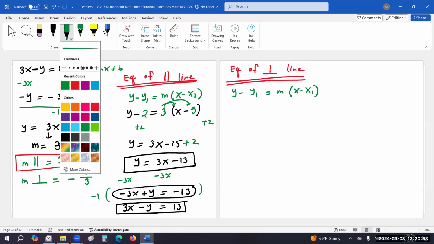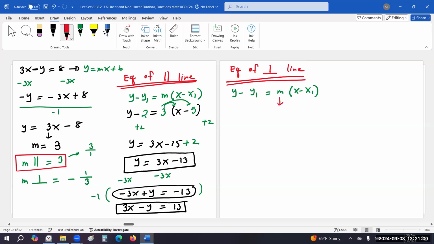This time, what is the slope of the perpendicular line? Negative 1/3. Everything else is the same except for the slope, and because of that, the whole line will be different. But we're going to do the exact same thing. We're going to distribute and we are going to add the 2.